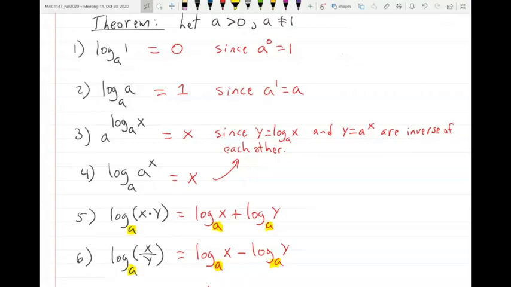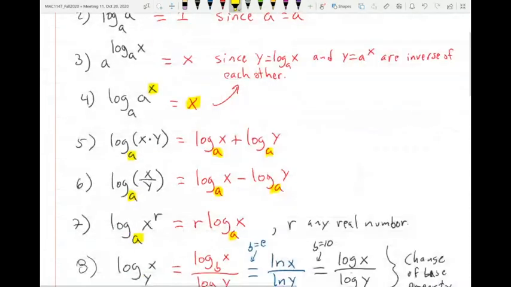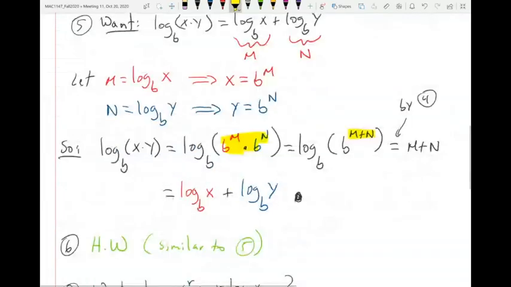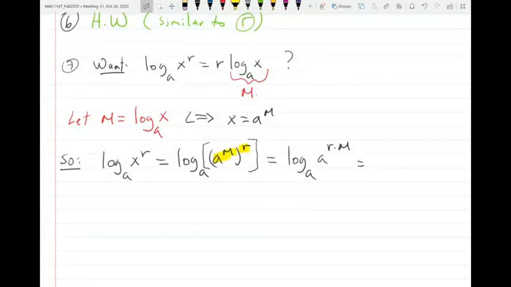Do you understand that? Property number 4. Whatever power you have here, that's the one that you obtain here. So this is going to be equal to, by property number 4, r times m.